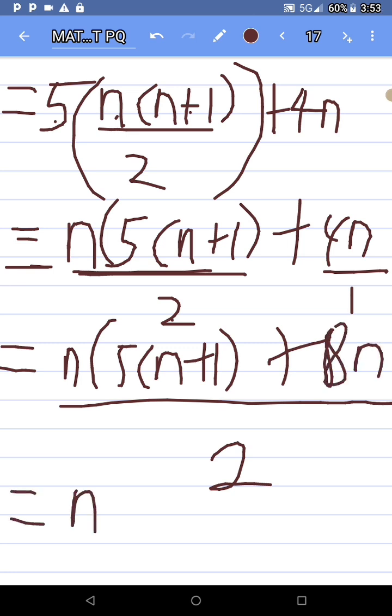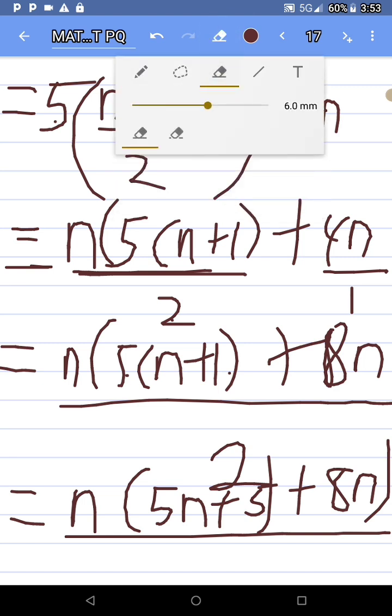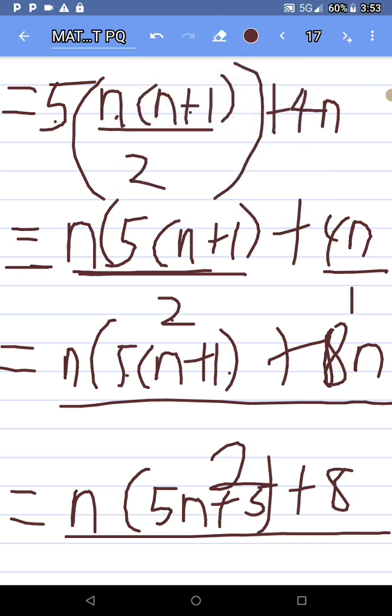This is the same as n into 5n plus 5, plus 8n all over 2. This bracket shouldn't be here. This is a separate term, so this one is just 8n all over 2.